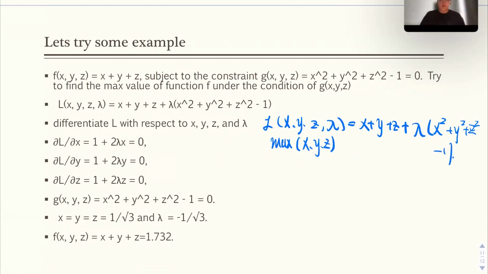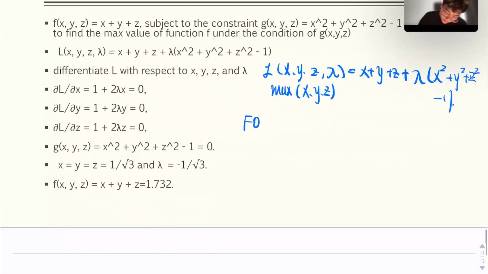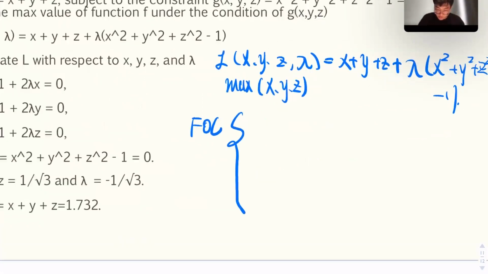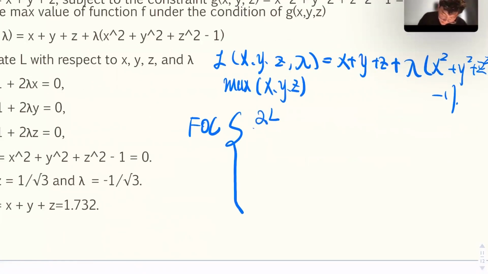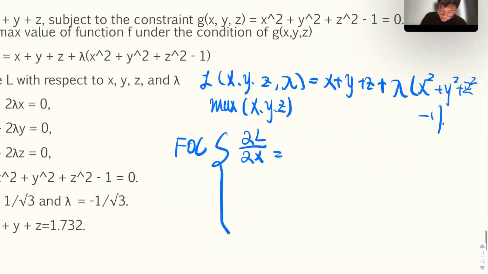We first have to consider the first order condition, which is we take the first partial derivative with respect to each variable. That is, we first take the partial with respect to x. If we look at this function, for the partial with respect to x, the other variables we treat as constants. So in this part, we only have one x.